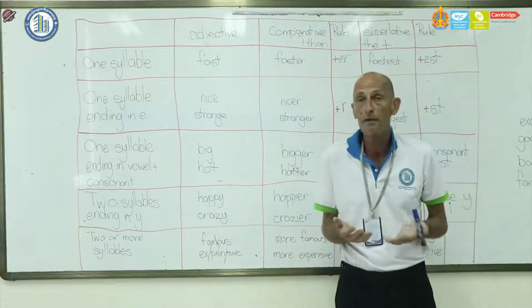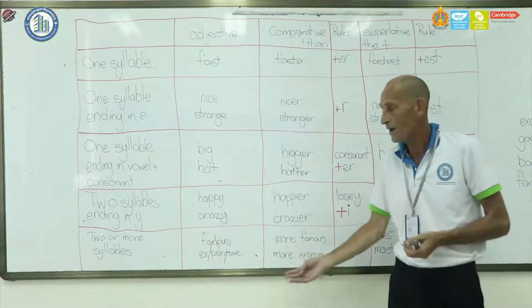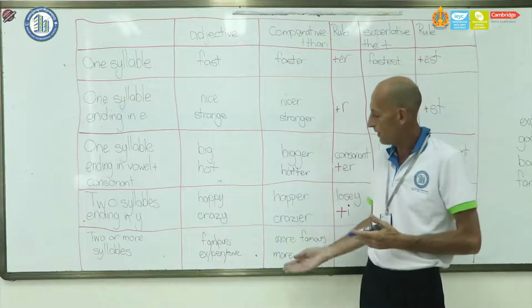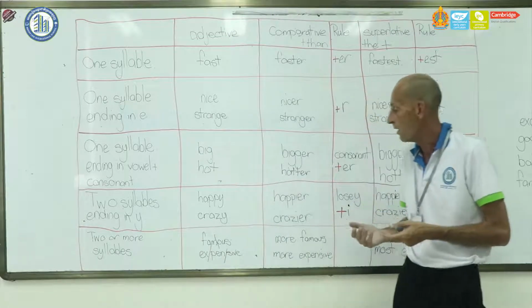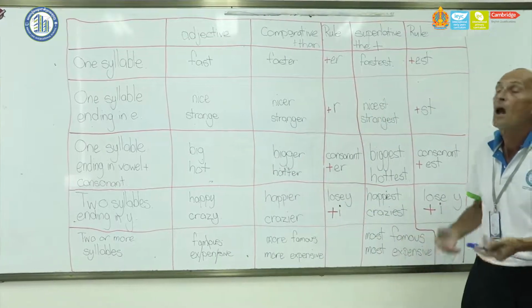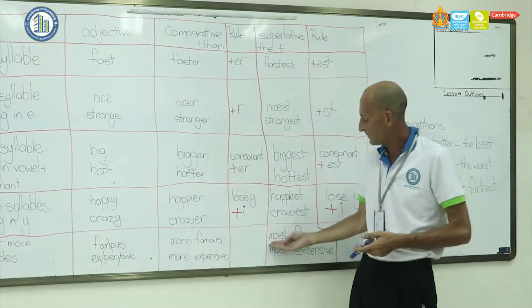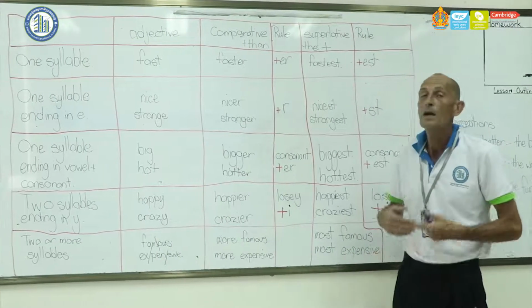So that's all we have to do. So it becomes more famous or more expensive. So all we do is add more to the front of the word for when it has 2 syllables or more. For our superlative, we use most, not more. So it becomes most famous or most expensive.